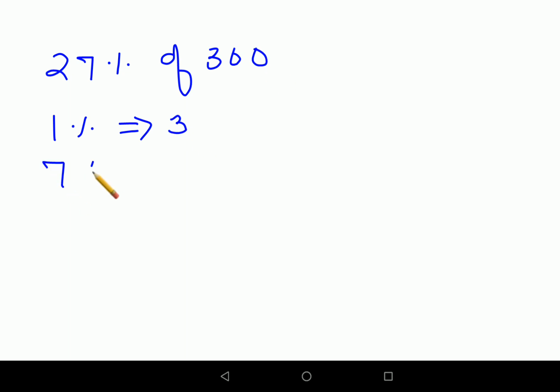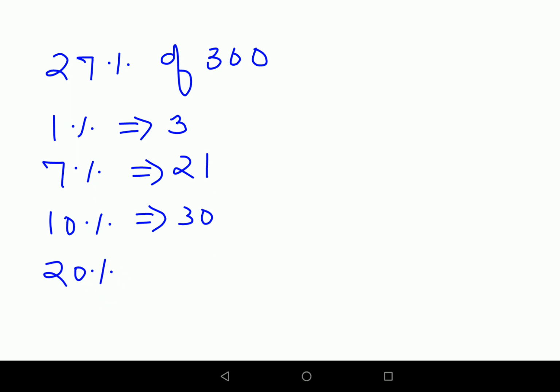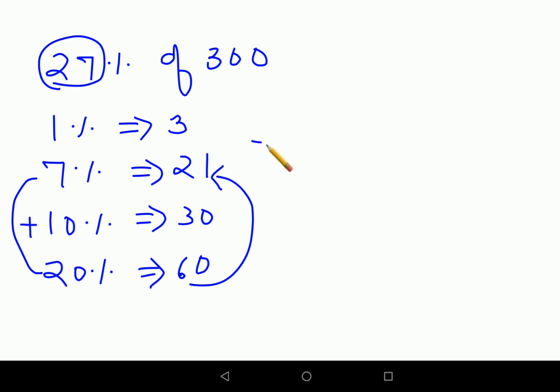So 7% would be 21. And 10% would be 30. So 20% would be 60. In order to find 27%, you will add 20 and 7. So 60 plus 21 gets you 81. That is your answer for this particular question.